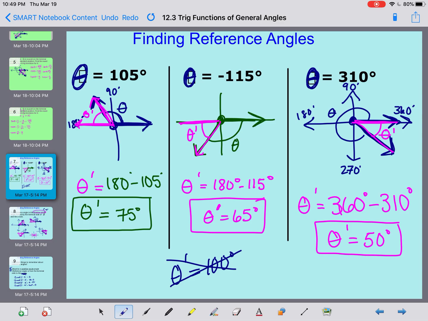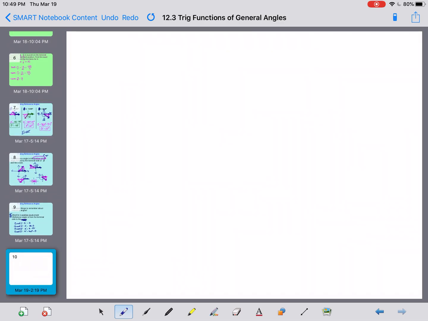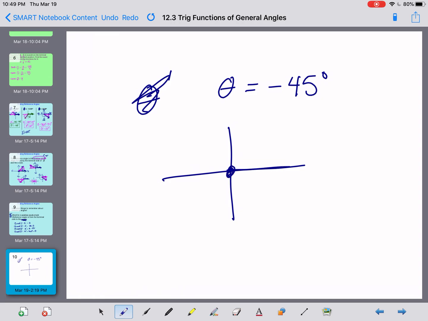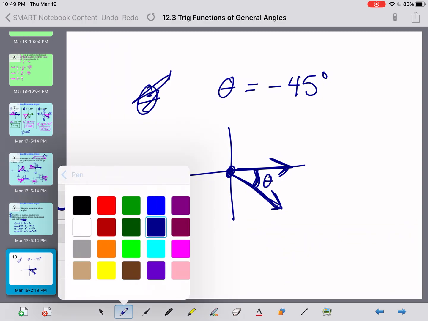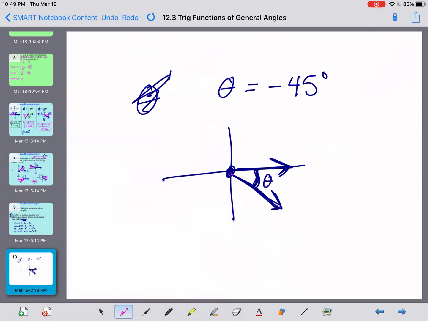Let's just do one more example. If theta is negative 45 degrees. I just want to show you a common wrong answer I get. So here's theta, negative 45 degrees. You're going clockwise. The reference angle, in this case, here's the terminal side.